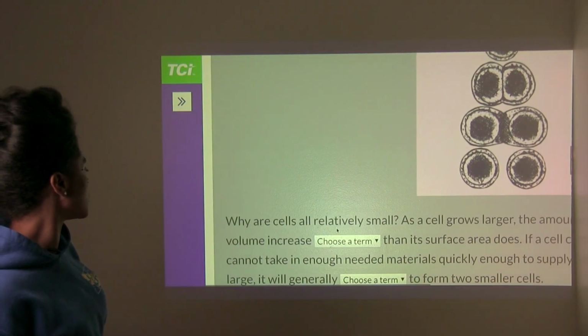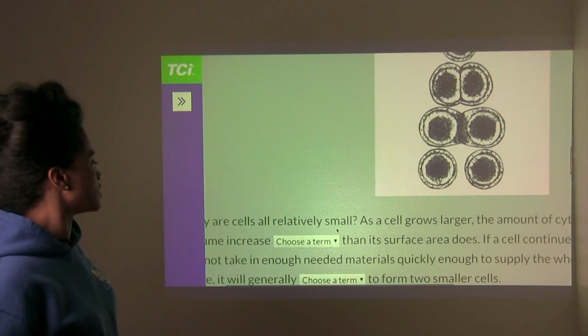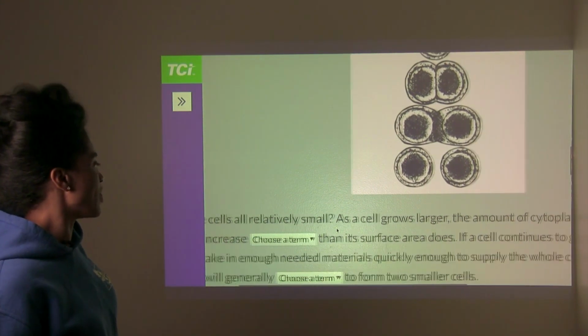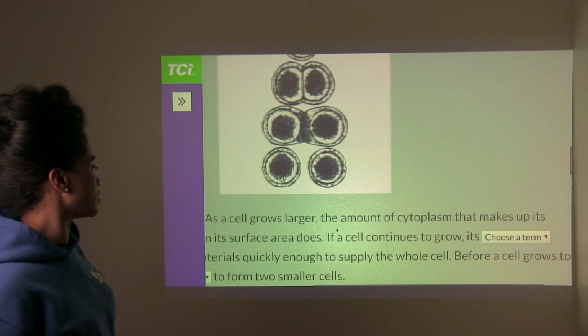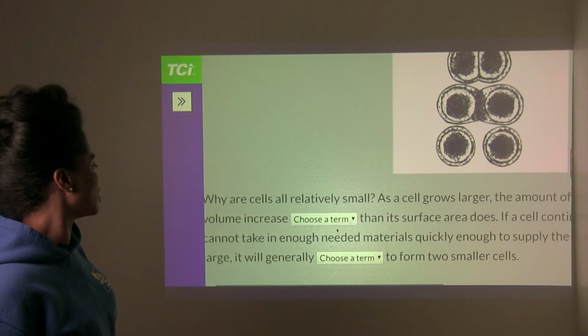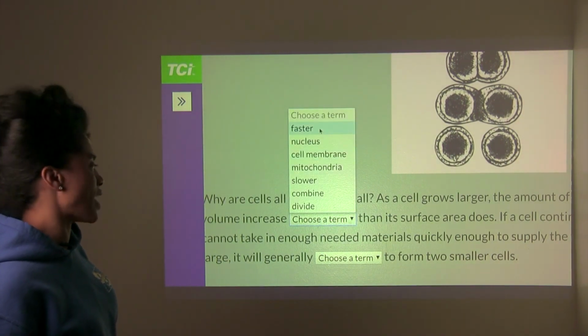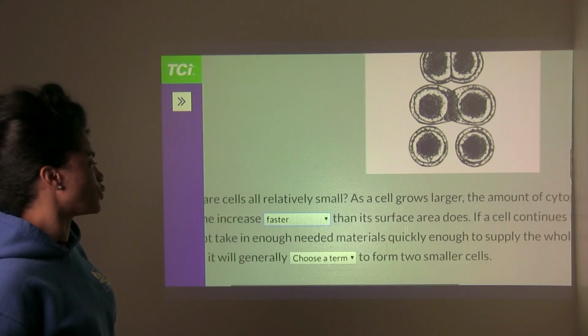Why are cells all relatively small? As a cell grows larger, the amount of cytoplasm that makes up its volume increases faster than its surface area does.